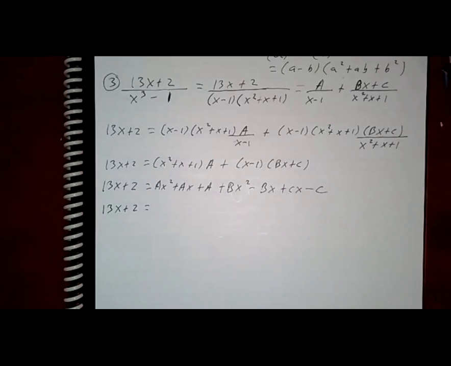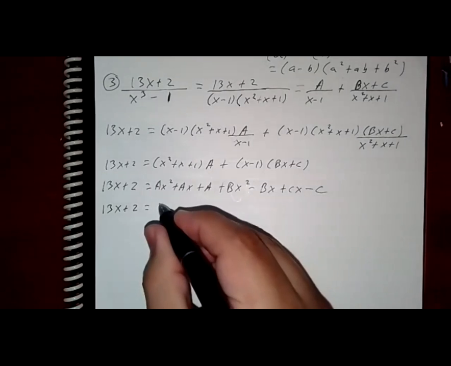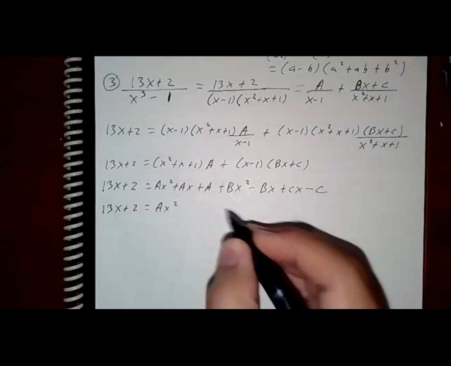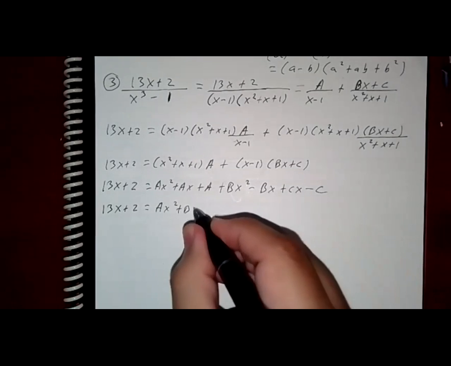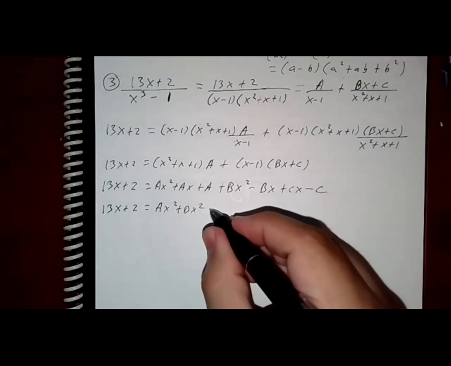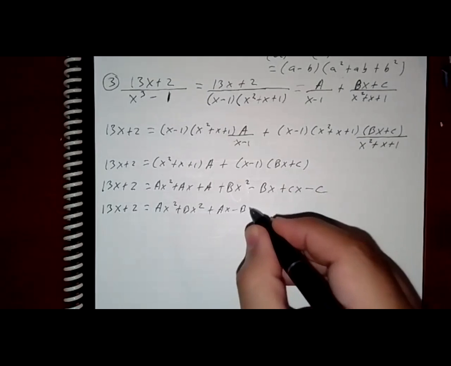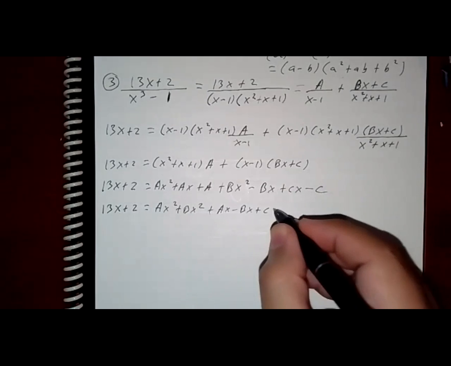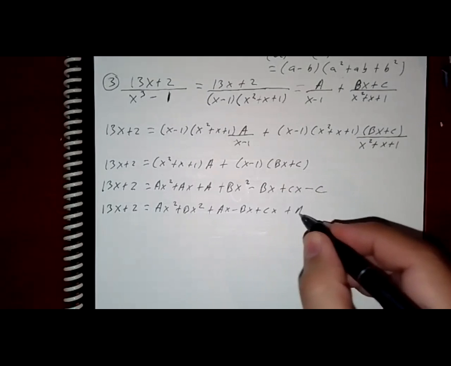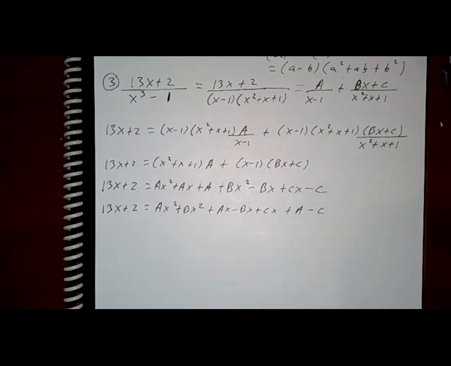Okay. So let's group everything that's the same power. x squares together, the x terms together, and then the constants. And then create our system here.